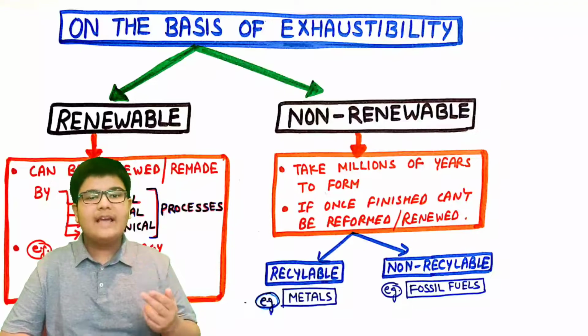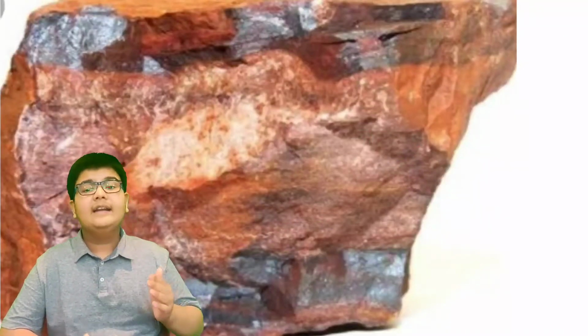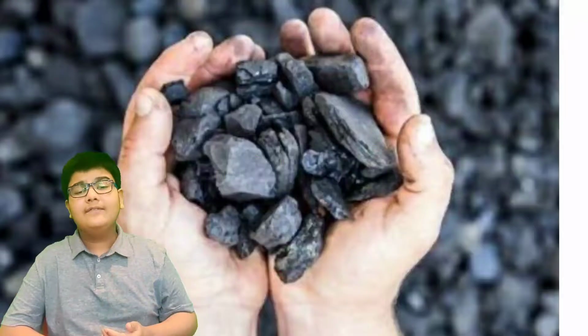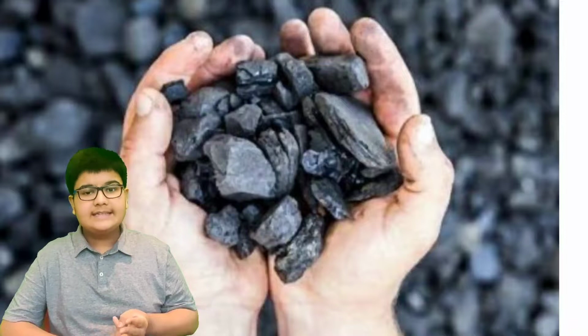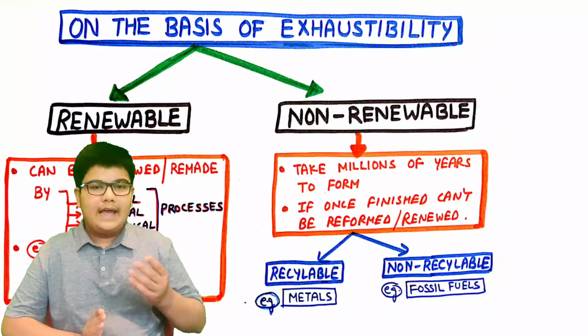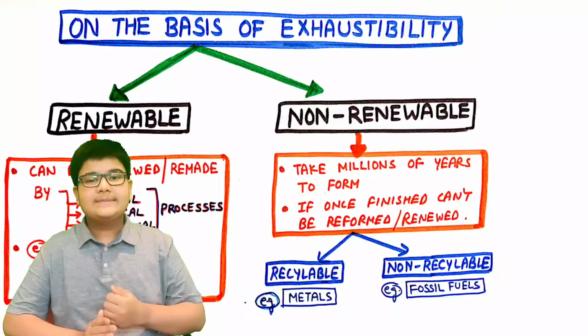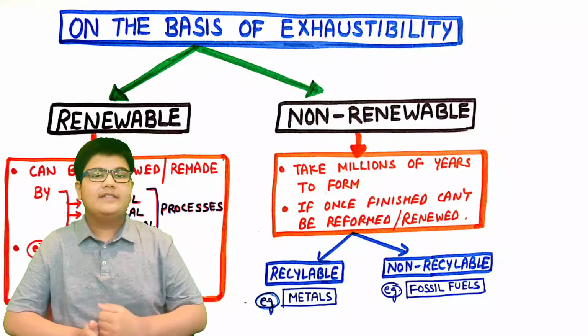Under recyclable, we have the metals which can be recycled, and under non-recyclable, we have fossil fuels such as coal, petroleum, natural gas which cannot be recycled once their stock is finished. Approximately, scientists predict that the reserves of mineral oil will finish in 50 years.